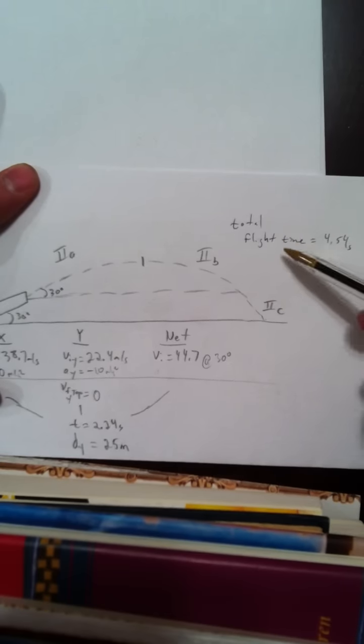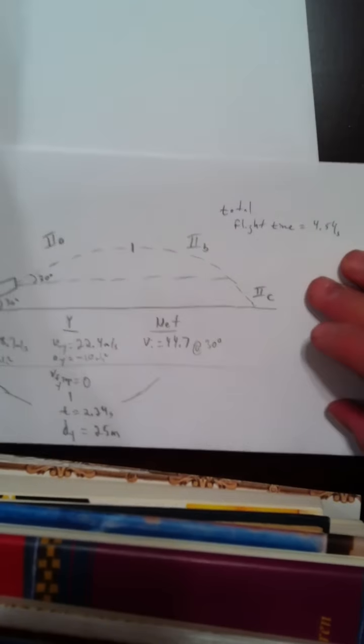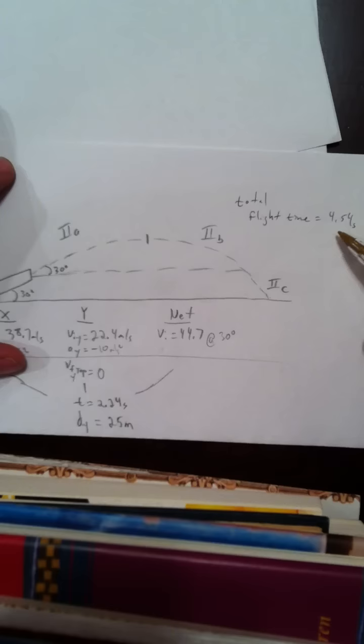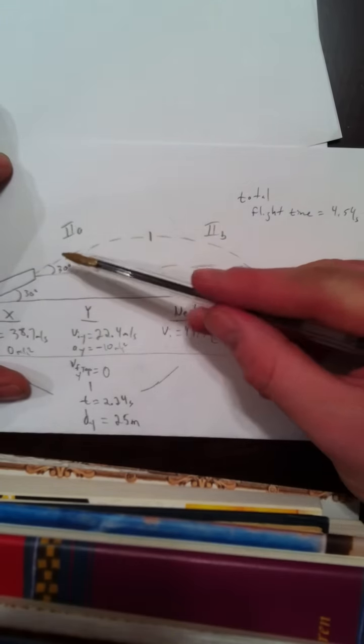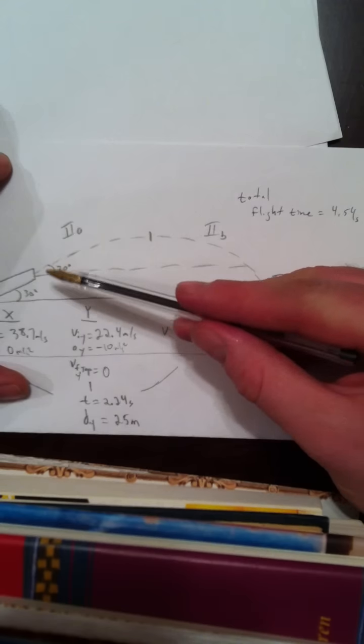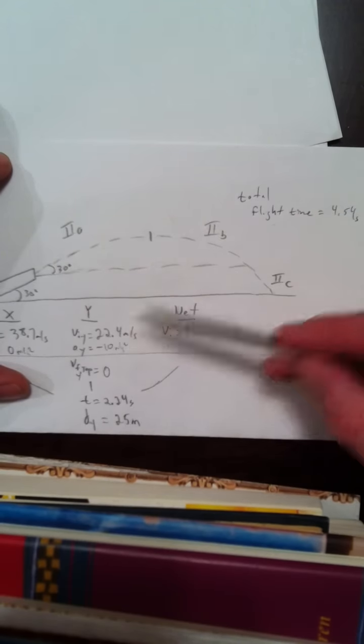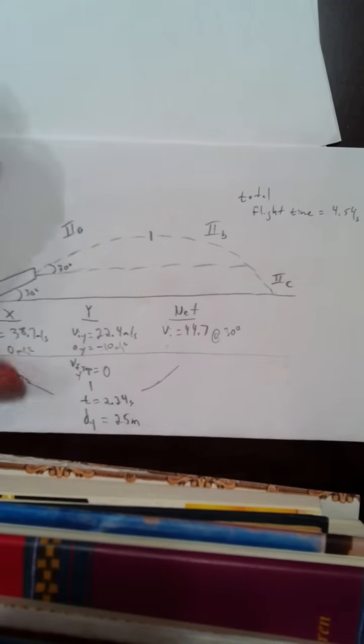The total flight time is an extra given I'll supply you with for the test. It's 4.54 seconds. So that should make this question a little bit easier. Now all we need is that total flight time, plus the two pieces of information from the beginning of the whole parabola as it was flying freely, and it should solve for everything. So these two givens plus any other condition like this is all you really need to solve any math problem in this class. Now, let's go back to Q.